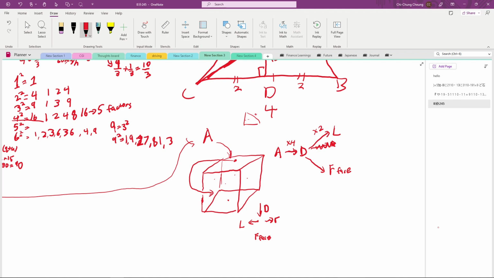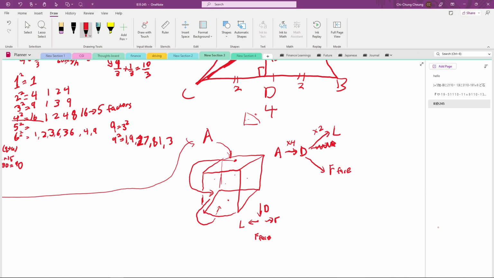You go on this front face. And then you go on the bottom face. It's gonna be like this, like that. And now you're on the bottom face.